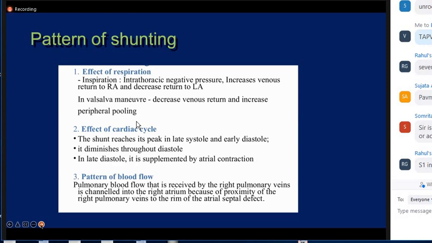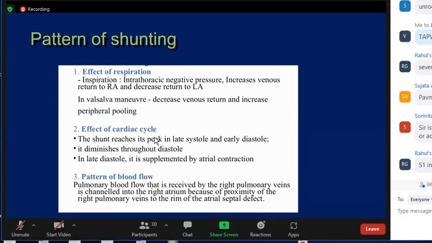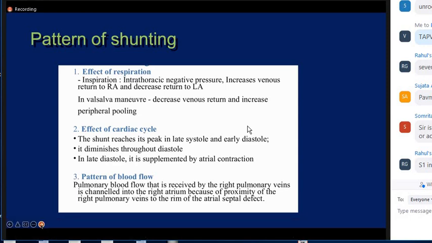In Valsalva maneuver, similarly, there will be decreased venous return and increased venous pooling, so your left to right shunt is going to be more. Whereas in the cardiac cycle, what will happen? The shunt across the interatrial communication reaches its peak in late systole and early diastole.